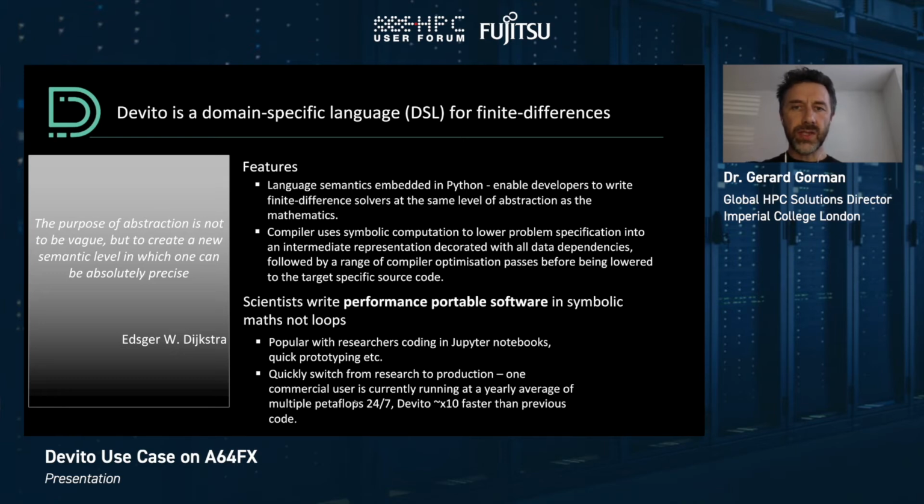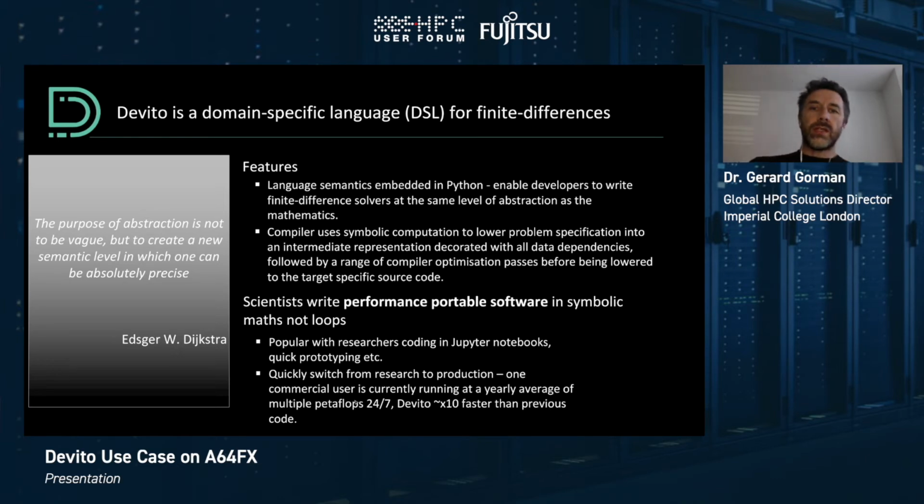And then the compiler uses symbolic computation to lower that specification into intermediate representations, and then it applies lots of rules and standard compiler analysis to understand the optimal way of generating code given that input.